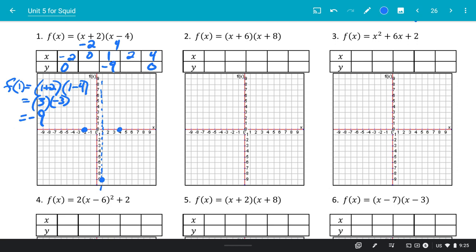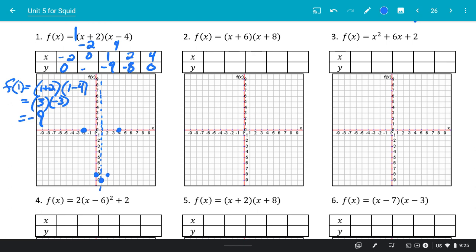What is my A value in this thing? It's 1. I can go from that vertex up 1, over 1, up 1, over 1, and there's my 2 values. So what are those other 2 outputs? -8 and -8. So I did a lot of work there, but not really. It was actually pretty easy to do, wasn't it?